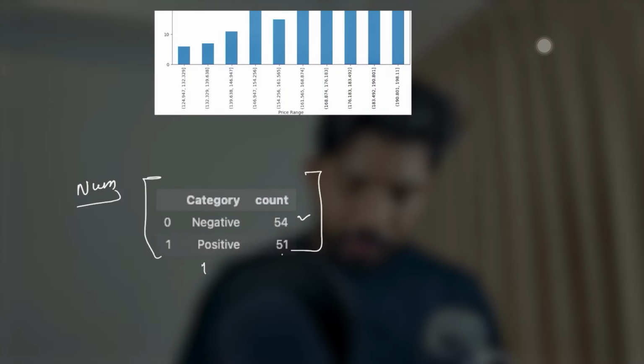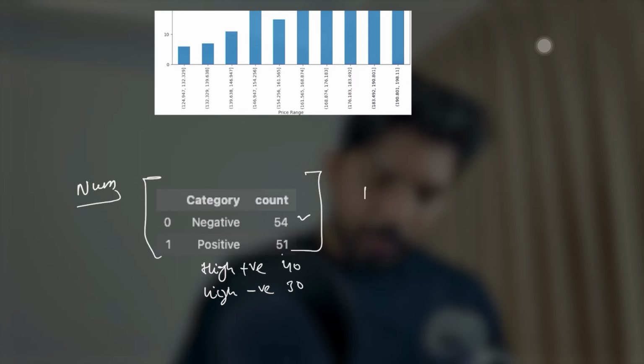And if you want, you can also create a bar chart, if you have more categories. Maybe you can say high positive, high negative, and let's say it is 40, it is 30. Then you can plot a bar chart here, right?